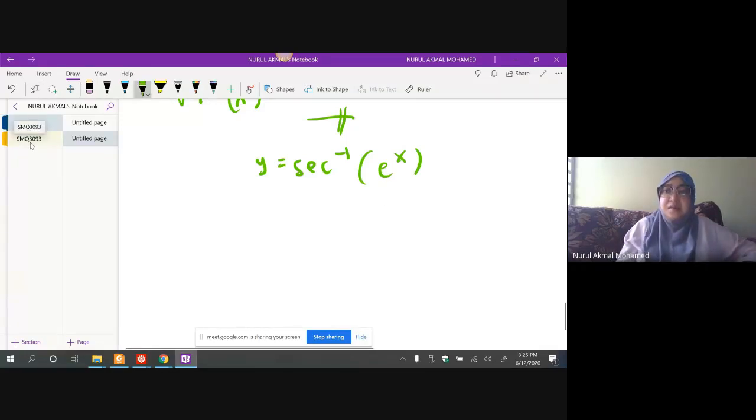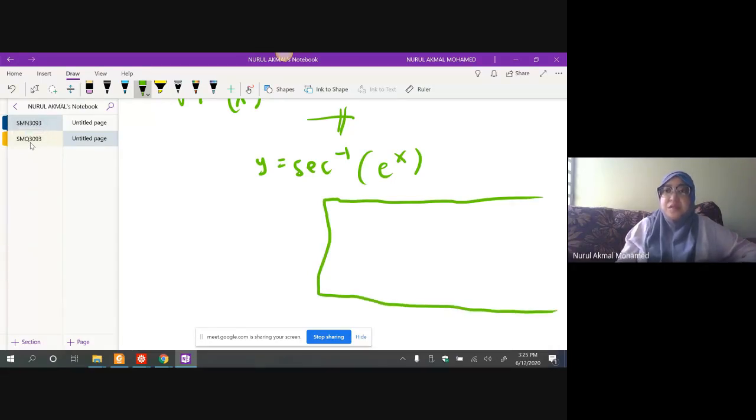Before that, I think it's better if we write down the formula for the derivative of arcsecant.